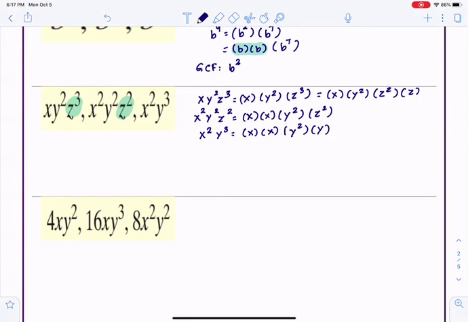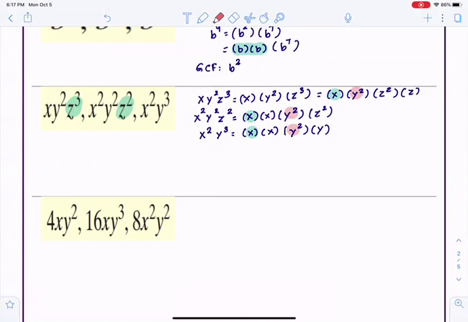You look at the x terms. I see x squared in common in the last two expressions, but only x is in common in the first one. So the greatest common factor is simply x for the x terms. For the y terms, I have y squared, y squared, y squared in common, and it is the greatest.